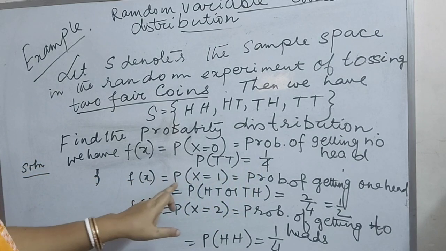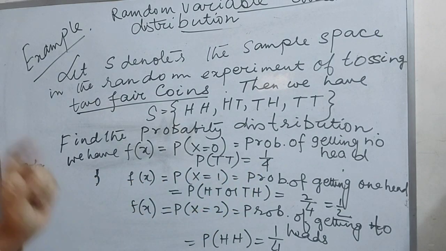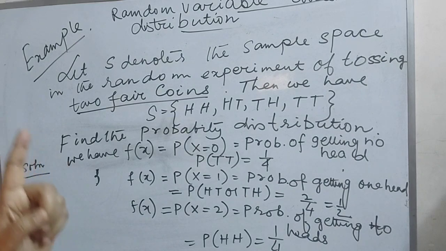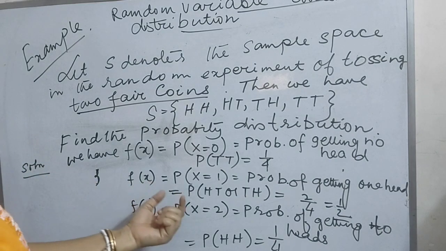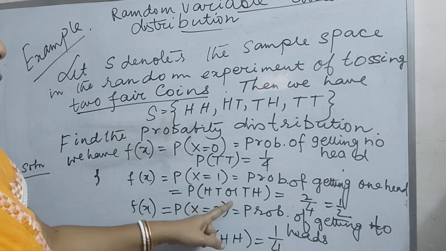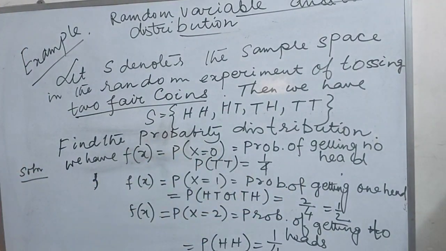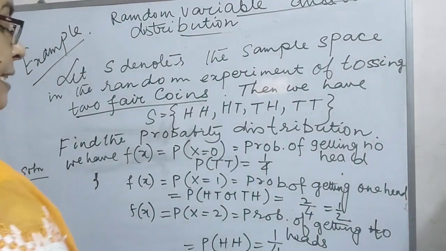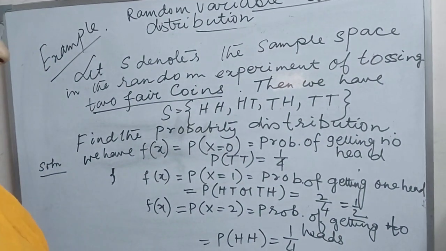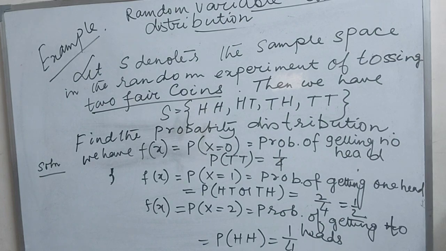When X equal to 1, then the probability of getting one head, that means probability of HT or TH, is equal to 2 by 4, so this is equal to 1 by 2. And when X equal to 2, probability of getting 2 heads, that is HH, is equal to 1 by 4.